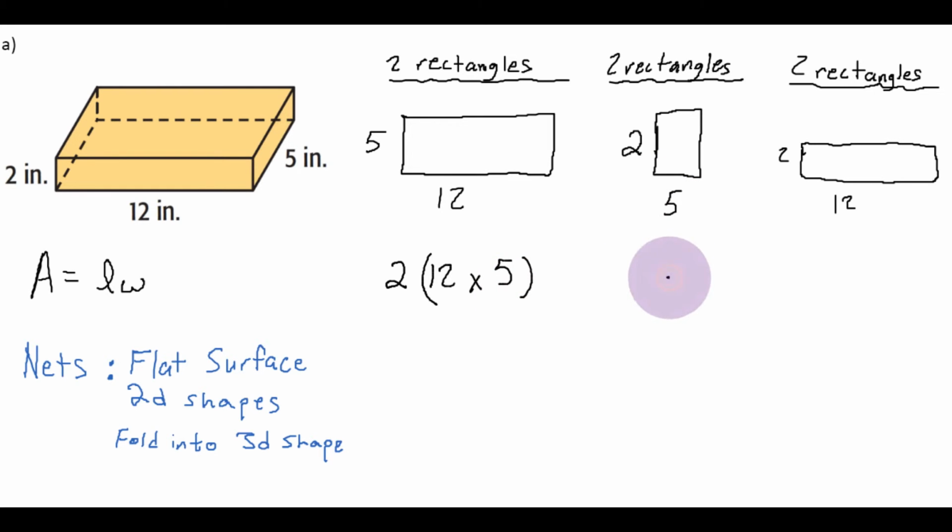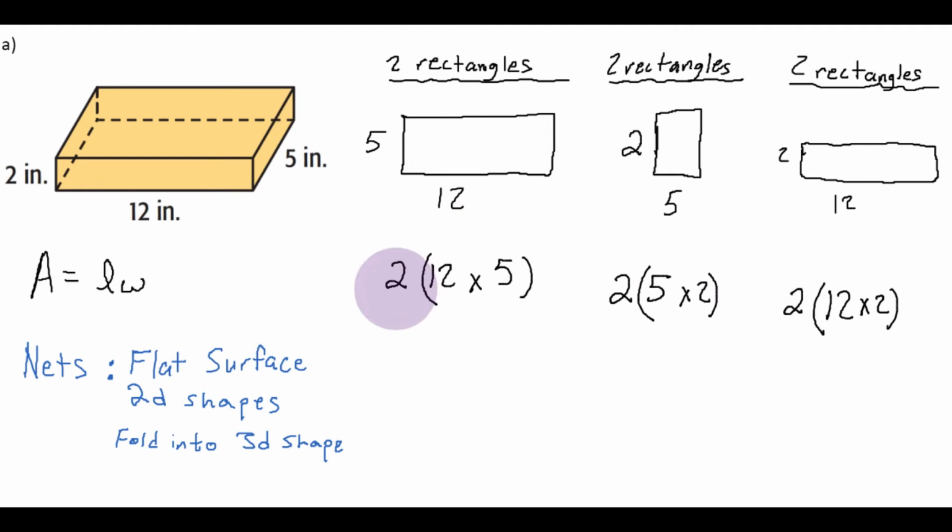So let's repeat this method over here: the length times the width times 2. And we'll double this information because I have 2 rectangles that happen to be congruent. And then I'll find the area of this rectangle, which is 12 times 2. And I'm going to double that information because I have 2 rectangles that are congruent.